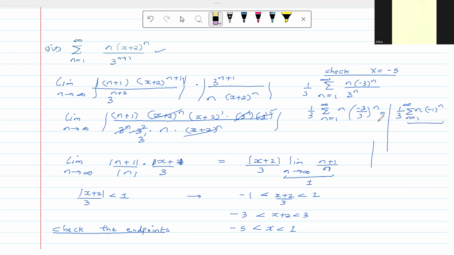So this series, yes, it's alternating, we can see it's alternating, but the bn term is not decreasing in the required sense, because the limit is not equal to 0. So using the alternating series test, this one diverges.